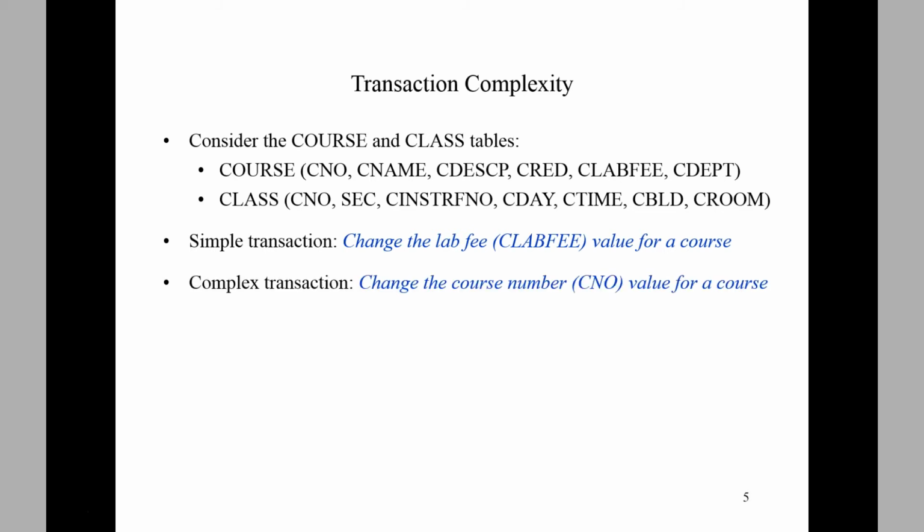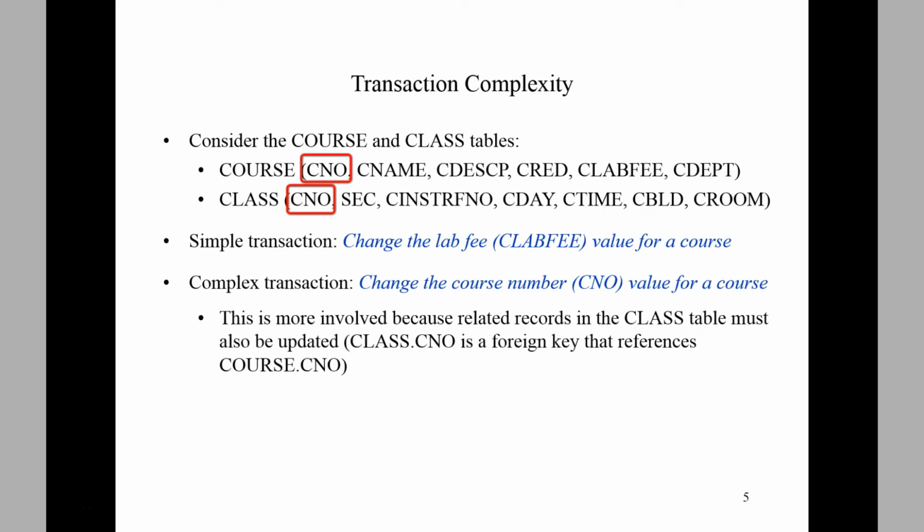An example of a complex transaction might be something like changing the course number value for a course. C&O resides both in the course table and in the class table, which is related to course. So a change to the C&O value would be required in both tables.